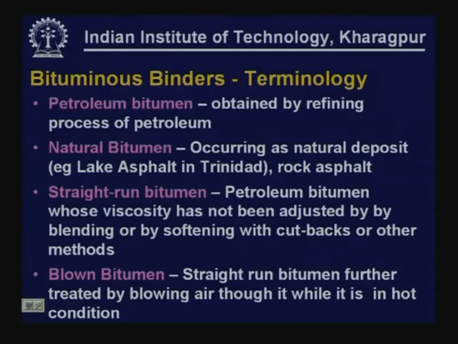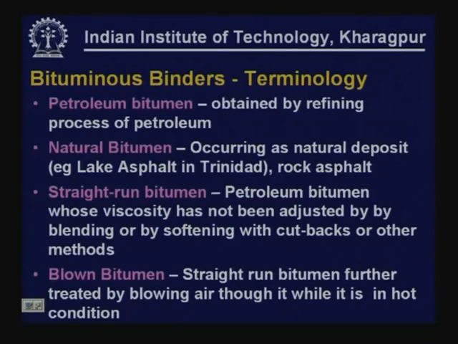Straight run bitumen is the bitumen that is produced by petroleum refining, whose viscosity has not been adjusted by blending with other materials or by softening it with cutback or other solvents or any other method.